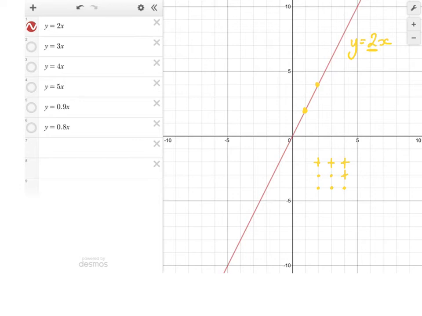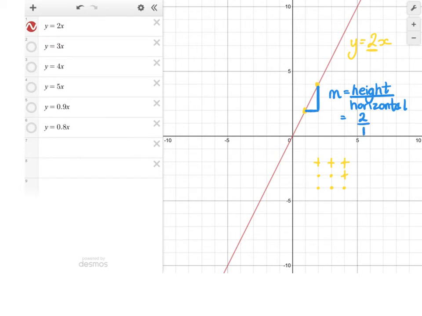And what I'm going to do is find the gradient. So draw a wee triangle, use my National 4 formula, height over horizontal. What's the height of my triangle here? The height of my triangle is 2 and its horizontal distance there is 1.